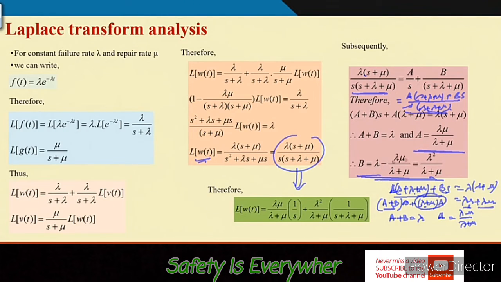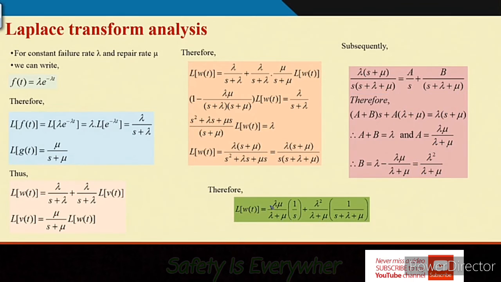What is A? A is lambda mu by lambda plus mu. So, lambda mu by lambda plus mu into 1 by s. The second one is 1 by s plus lambda plus mu, into B, which is lambda square by lambda plus mu.